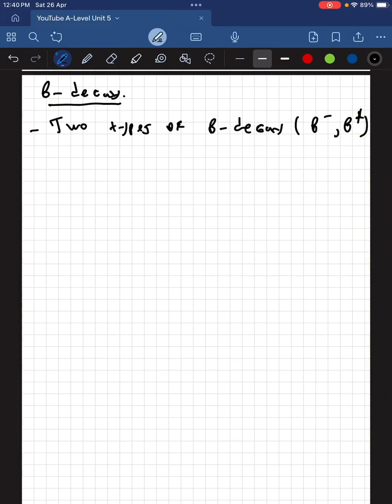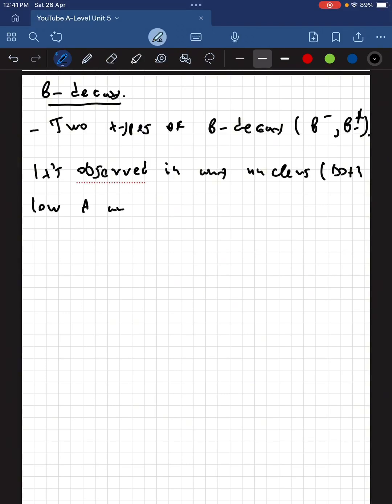Okay, so a nucleus can emit an electron or a positron. Okay, it's observed in any nucleus. I mean, both low mass number and high mass number. Okay, unlike the alpha decay, which is mainly observed in really heavy nuclei. Okay, except one case, which is beryllium-8, but it's just one case, I think.